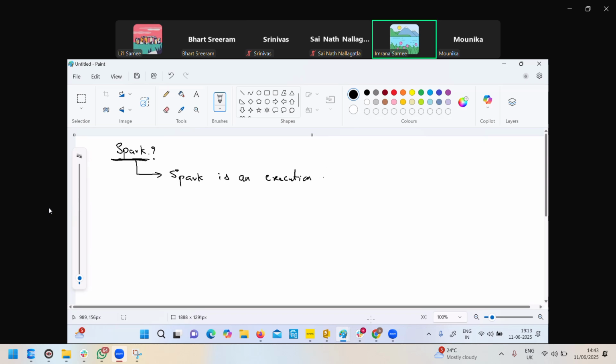Can we take it as an example, sir? Like when we have data collected completely, then Spark is going to execute on that. Yes. Spark is an execution engine with 2 features.